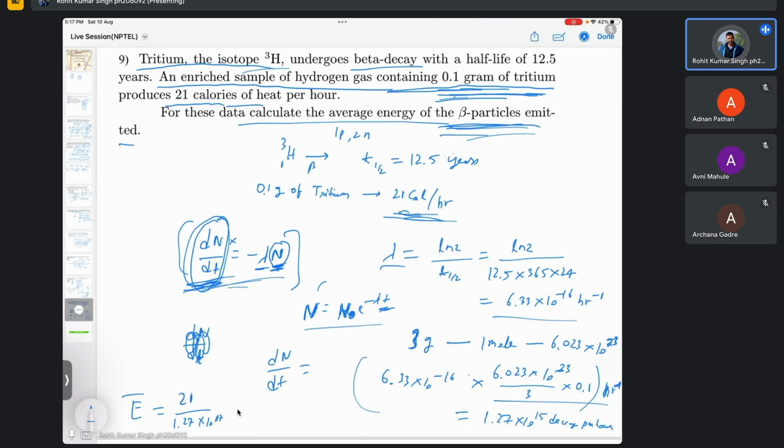So this will be the average energy of beta particles, I mean, the average energy that is produced when tritium decays into beta particles.